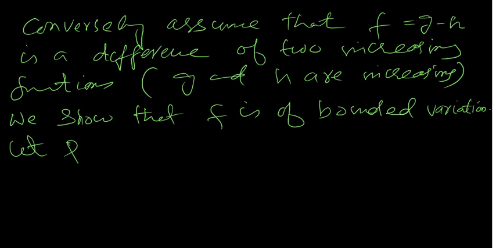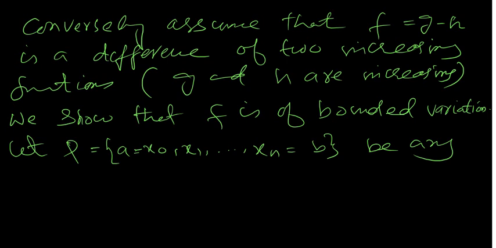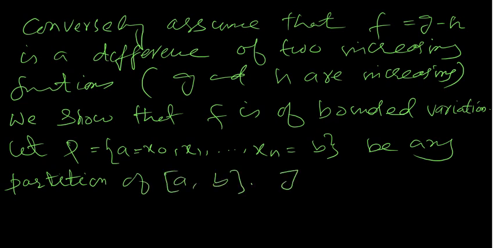Let's choose any partition P equal to a equal to x0, that first partition point, x1 and so on up to xn equal to b, any partition of [a, b].